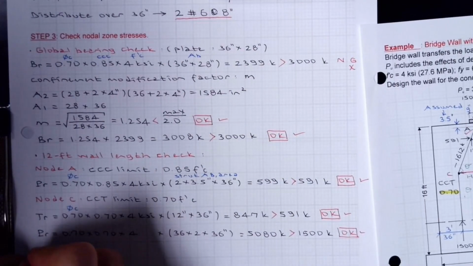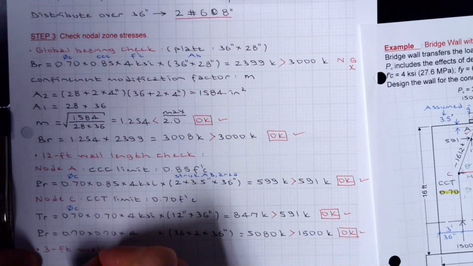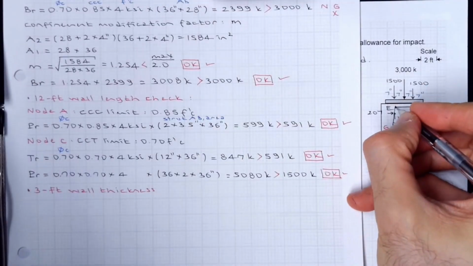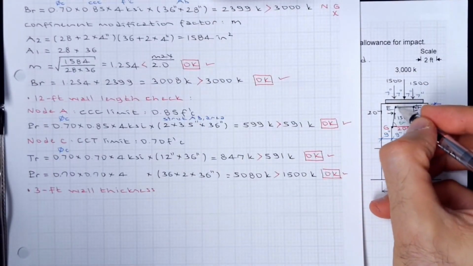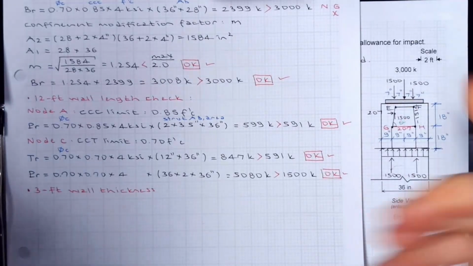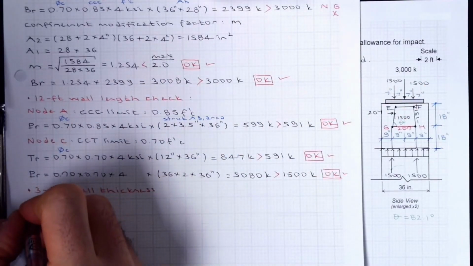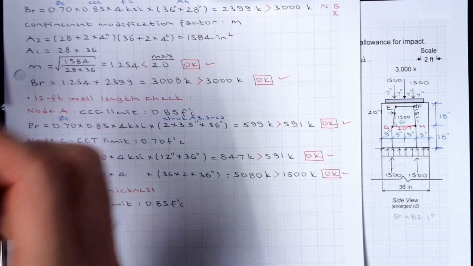I'm going to repeat the same with 3 feet wall thickness. Node E is going to be the critical node to check. Stress limit is the same, CCC, 0.85 f'c.